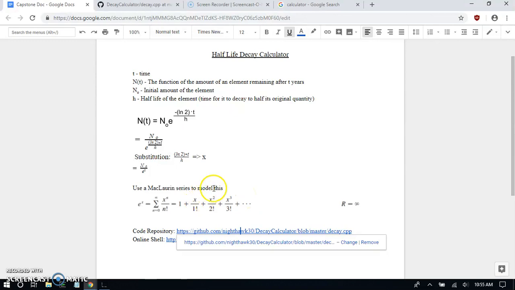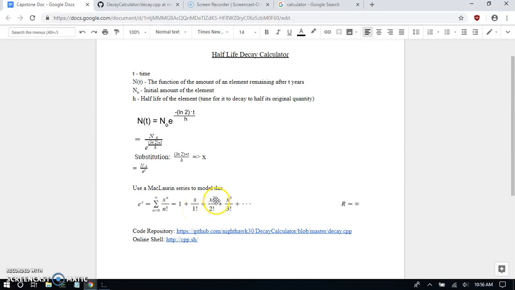So if you integrate this, you get x plus x squared over 2 times 1 factorial plus x cubed over 3 times 2 factorial plus x to the 4 over 4 times 3 factorial, and so on. And if you have x squared over 2 times 1 factorial, that's x squared over 2 factorial.